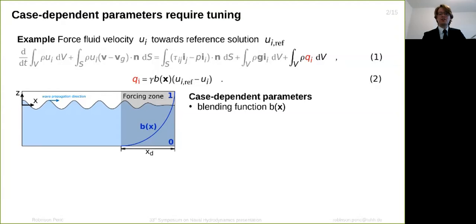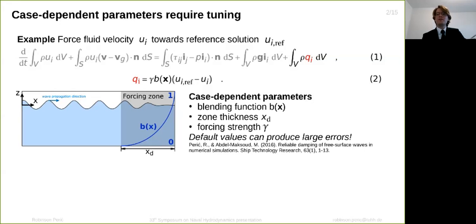The blending function, b, it takes values from 0 to 1 and gradually increases the source term magnitude within the zone. The zone thickness, this is typically in the order of 1 or 2 wavelengths. And the forcing strength, gamma, this is the magnitude of the source term. So gamma 0 means the source term is turned off.